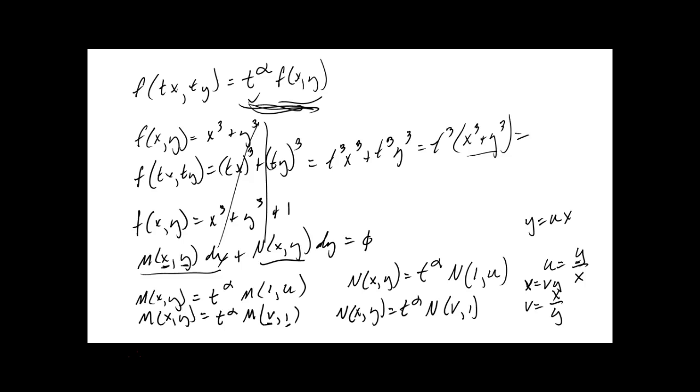What it means here, and this is a weird definition, is that if your function f of x, y has the feature that if you do f of tx, comma ty, that turns out being something that's exactly t to some power times f of x, y.